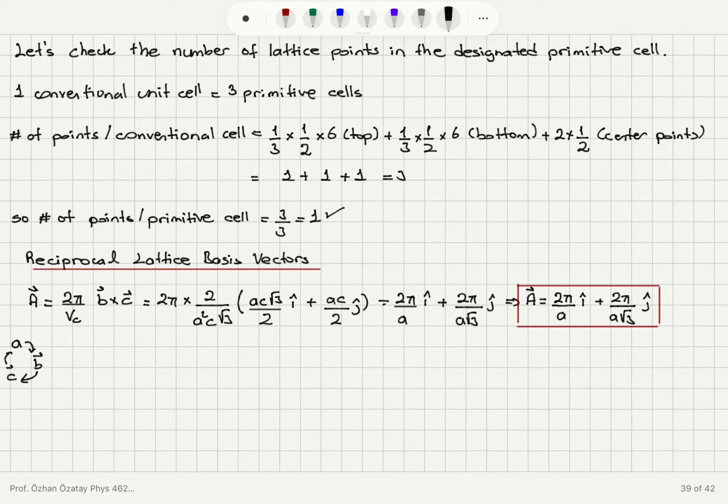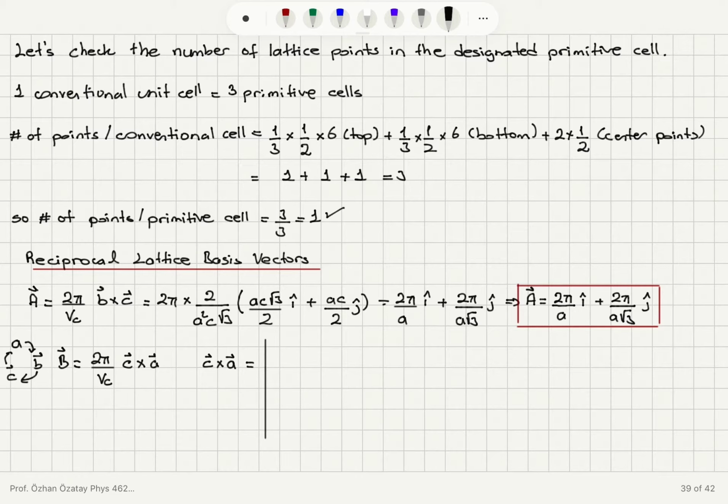Now we will repeat the same procedure for the other two vectors. For vector B, capital B in the reciprocal lattice, I will have 2 pi divided by volume of the cell. So I did B cross C. Next one is C cross A. And C cross A I have to evaluate. As for that, I have to look at this determinant.